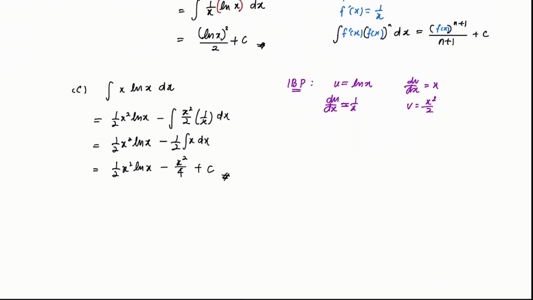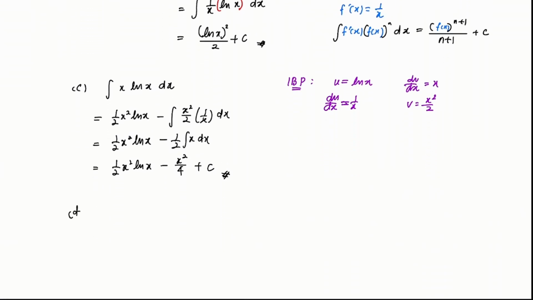Last but not least, part D. This one is 1 over x ln x dx. This one is a bit tricky, but you need to realize that you can write it in this form. And in this form, you need to realize that this is f x. When you differentiate ln x, you get 1 over x.